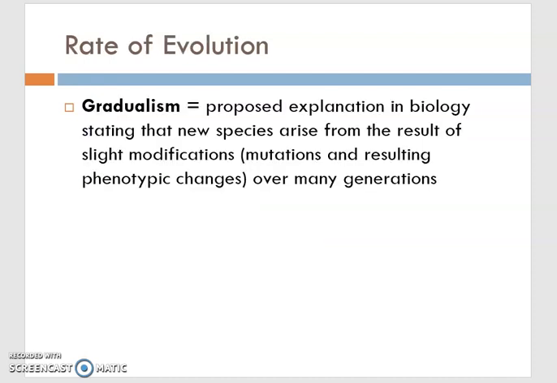Evolution can occur gradually. This would be that slight modifications are leading to the formation of new species. This might happen because of mutations and any phenotypic changes. This can also be due to a lot of the isolating mechanisms, which are going to be a little more gradual, like behavioral isolation, maybe ecological isolation, but these might occur more slowly over time and become more pronounced to make those new species.